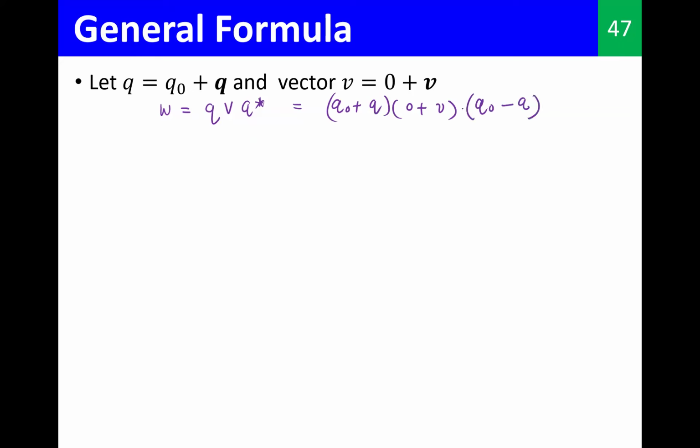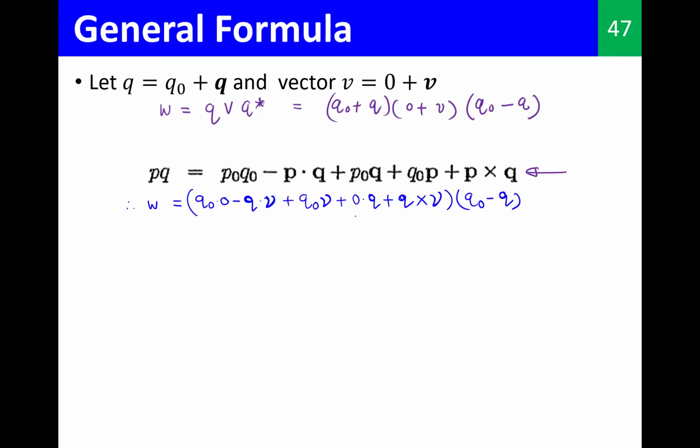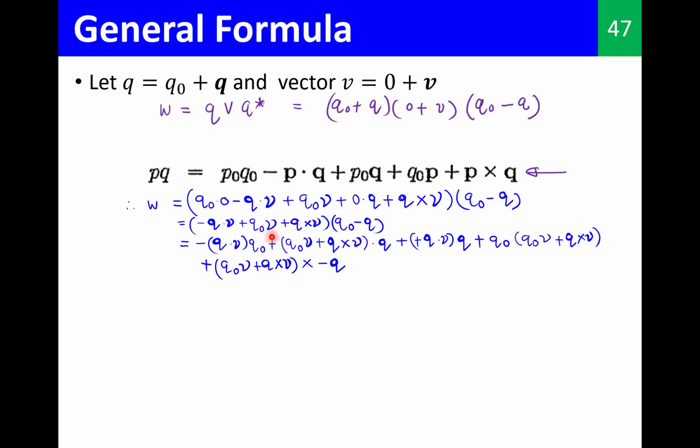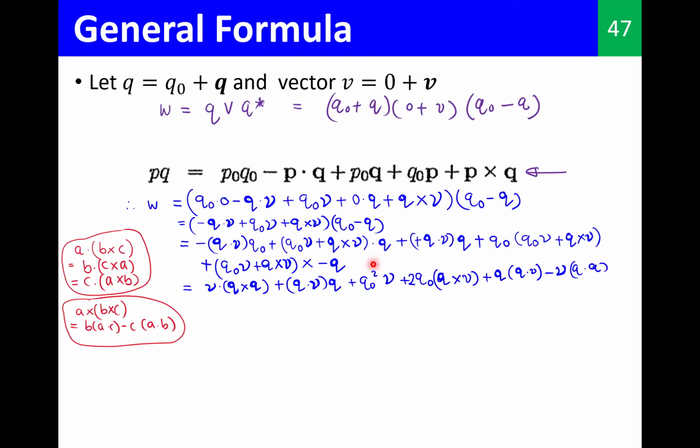So this you have to just multiply and get the answer, but I will show you the final answer when we make use of this formula, right? I can one by one multiply them, right? So first I multiply these two and get this answer, and this is the remaining one. And I will not go through all the steps. You can little by little check this, okay? And the vector triple product will also come into play.